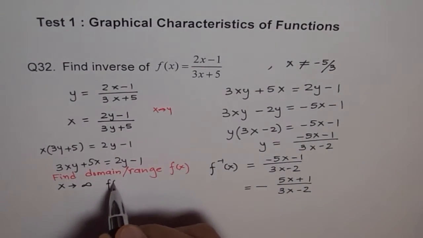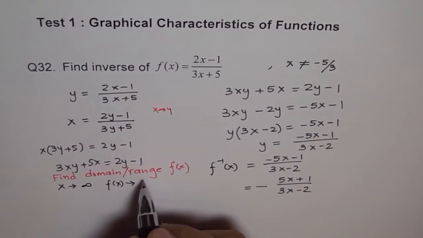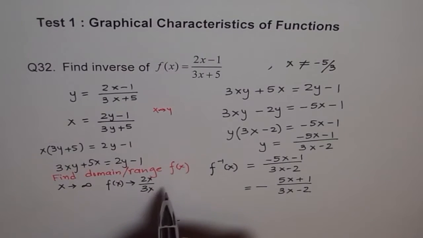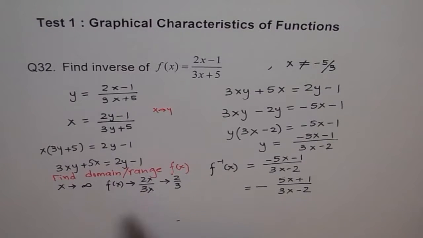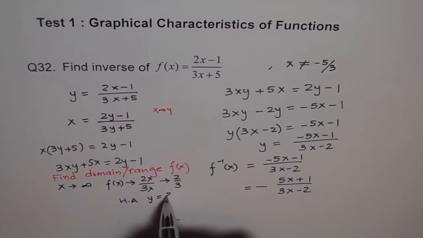So in that case our f of x will approach 2x over 3x, or you can say it will approach 2 over 3. Is that okay? But it will never be 2 over 3. It will approach that value. Correct? So we say our horizontal asymptote is y equals 2 over 3.